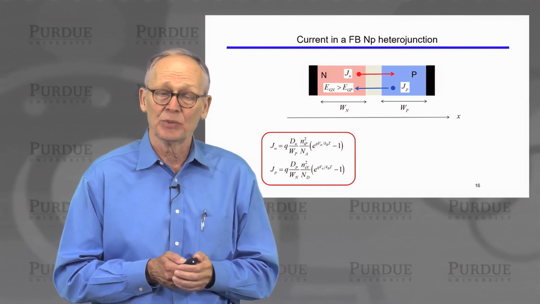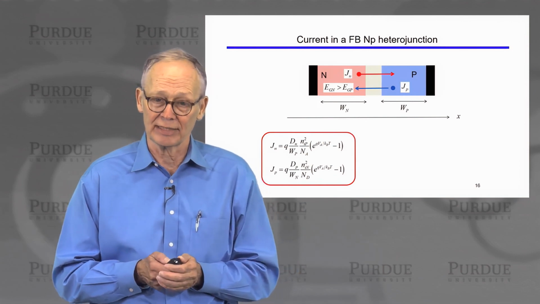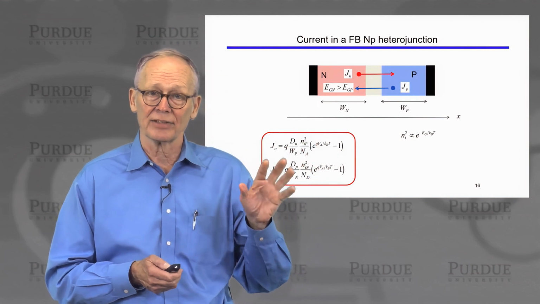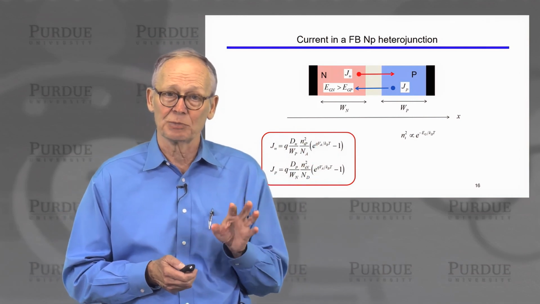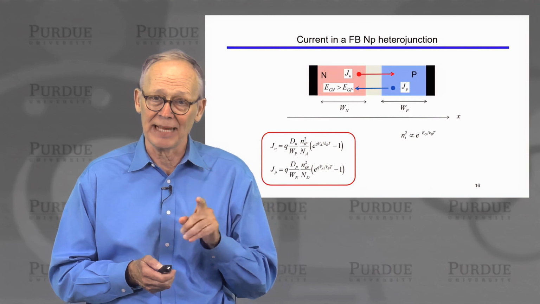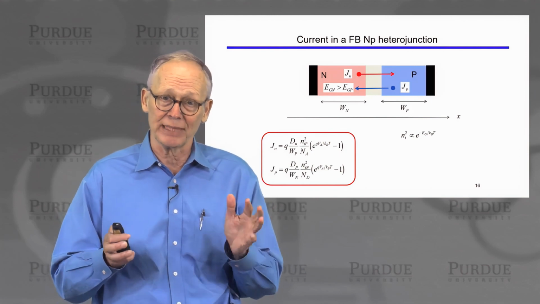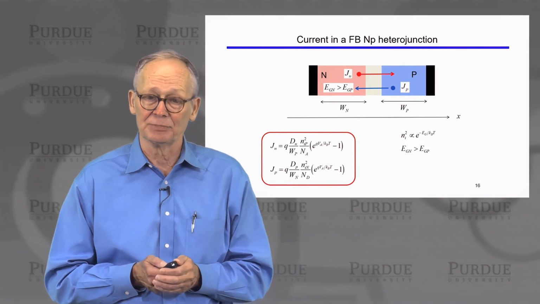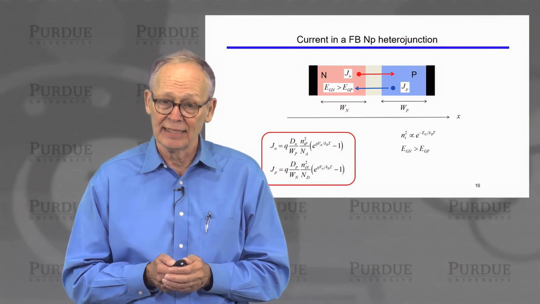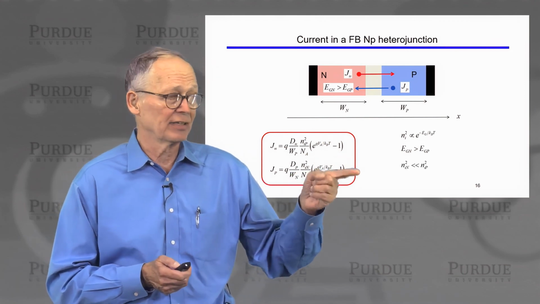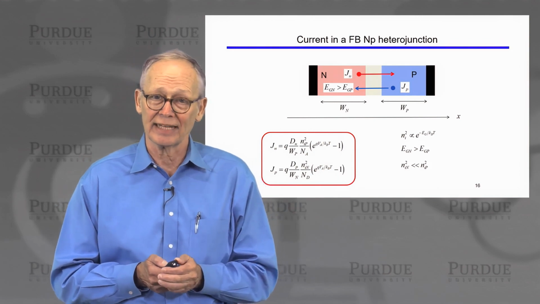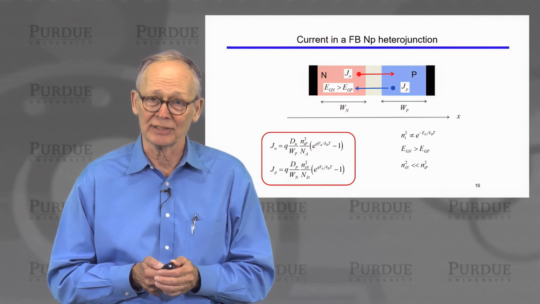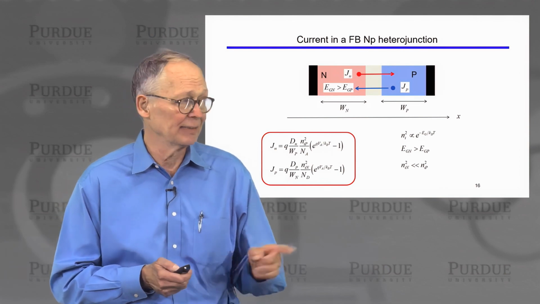In this case, we have two different intrinsic carrier concentrations, because you'll recall that the intrinsic carrier concentration squared is proportional to e to the minus band gap over kT, and we have two different band gaps. So if the band gap on the N side is bigger than the band gap on the P side, then the intrinsic carrier concentration squared on the N side is going to be exponentially smaller than the intrinsic carrier concentration on the P side.